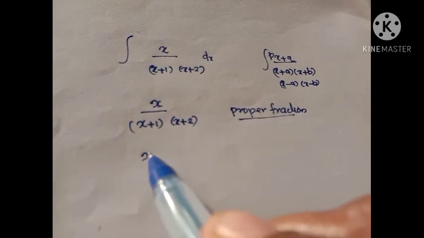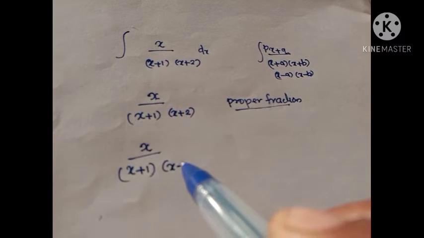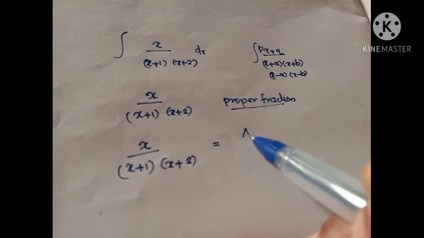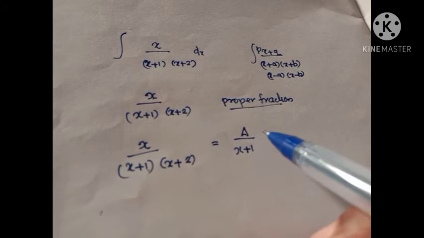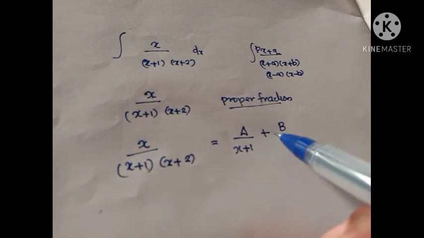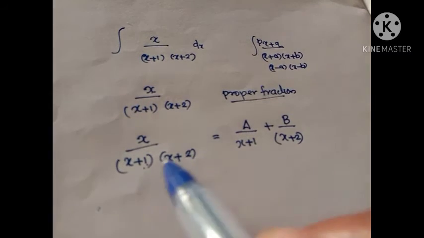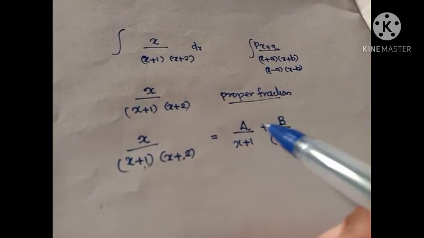The next step is to write this expression x by x plus 1 into x plus 2 as a by x plus 1, a by one of the factors, plus b by x plus 2. There are only two factors, so we need to write only two partial constants.